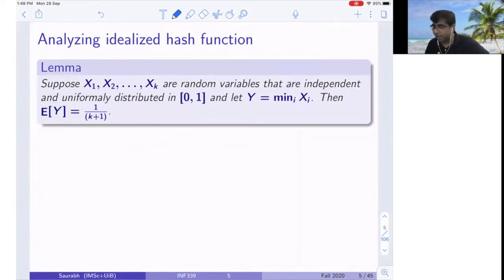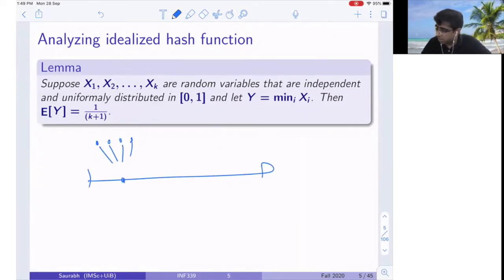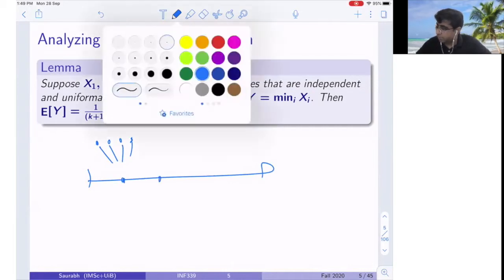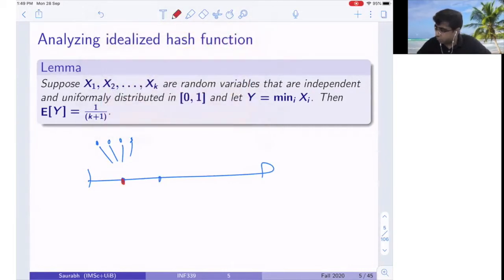Why k random variables? Because this is a hash function, so every distinct number is mapped to a random number between 0 and 1. If you have k distinct numbers, they fall on k distinct points uniformly at random over the real line 0, 1. Then we showed that the expectation of the minimum is 1 over k plus 1.